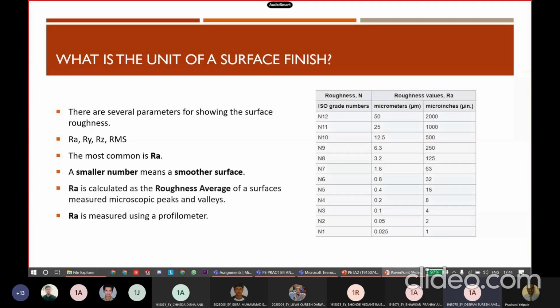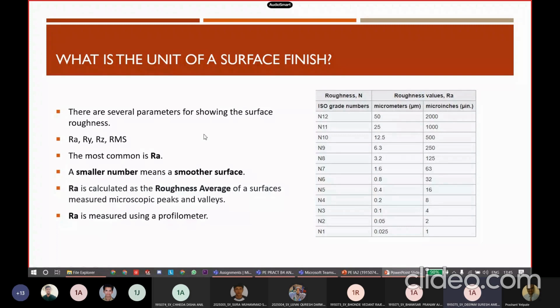So for unified understanding of how the values will change and how the values are given to each of the surfaces, these ISO grade numbers are used. The RA value is very common, but it's not sufficient enough to completely characterize the roughness of a surface. So depending on the application, the surfaces with the same RA can perform quite differently.